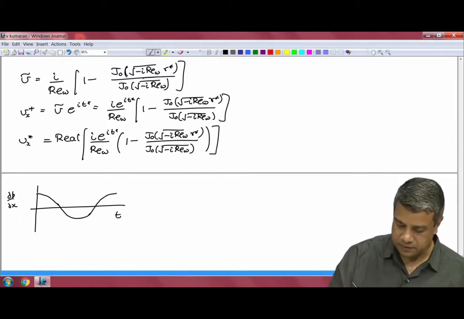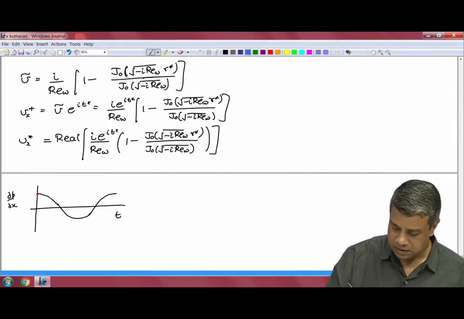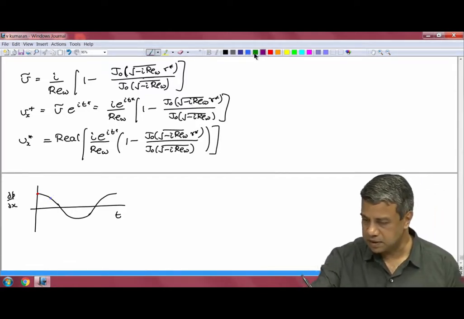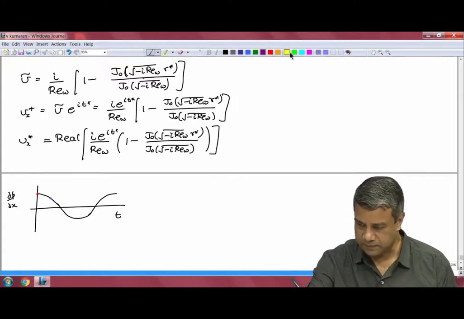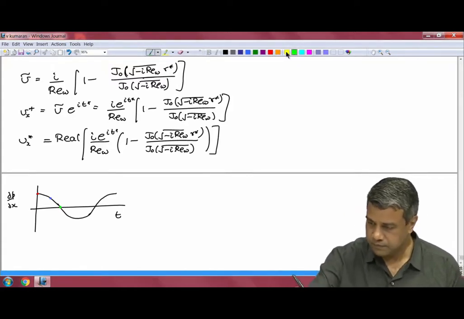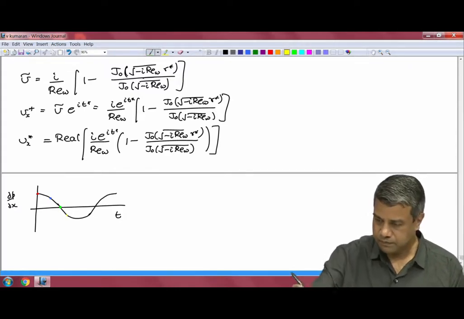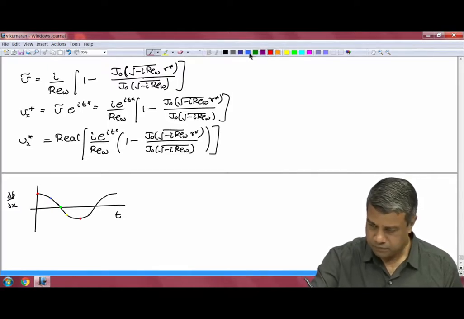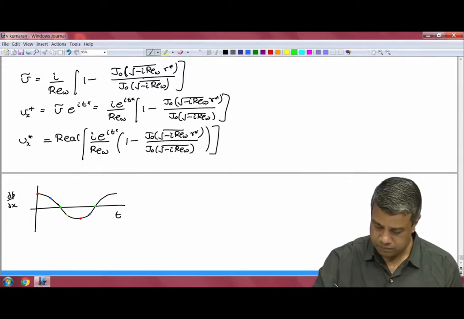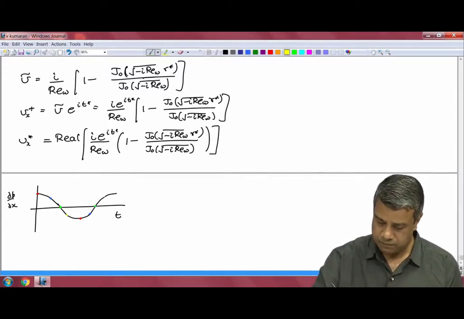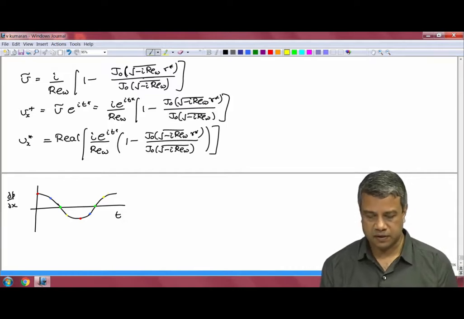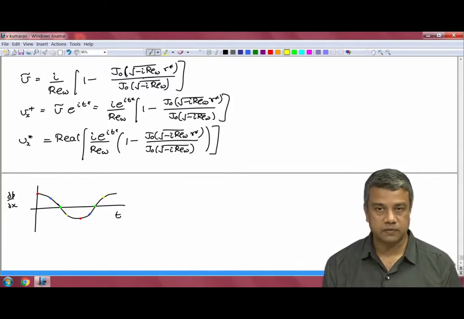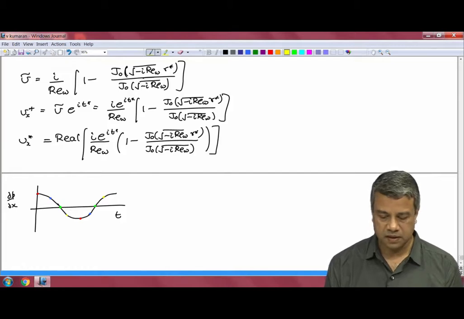So, at different points in the phase, I can plot the actual velocity profile and look at what that velocity profile looks like, and then I can try to get a physical understanding.